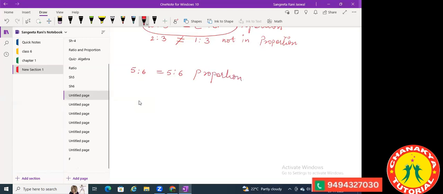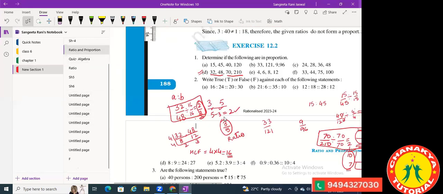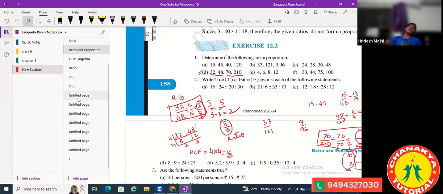We'll solve another sum. Look here. Let's do this one: 4, 6, 8, and 12.